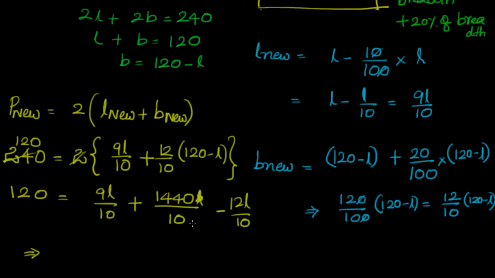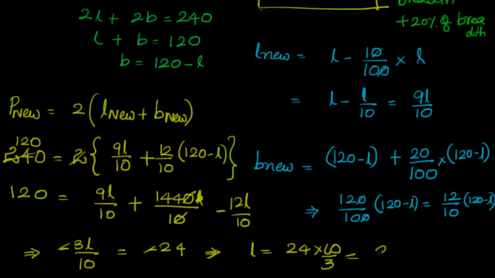If I simplify, the zeros will cancel. I will have minus 3L by 10 equal to minus 24. Or if I cancel minus and simplify that, I will get L equal to 24 into 10 by 3, that's equal to 80 meter.